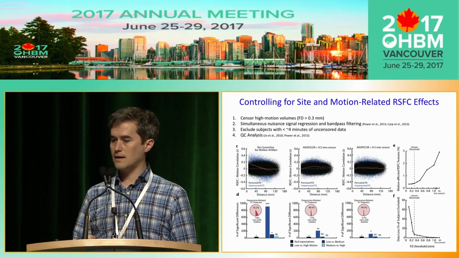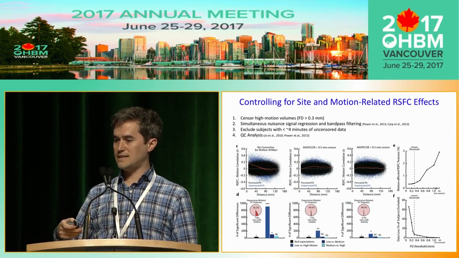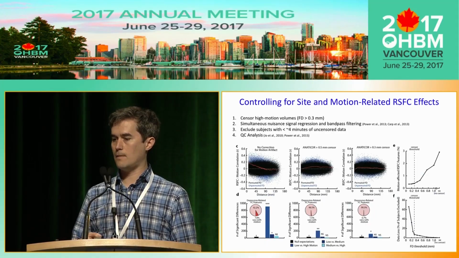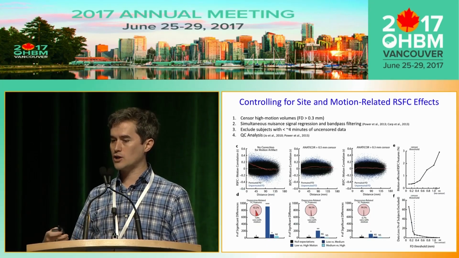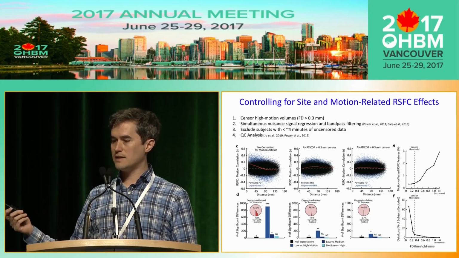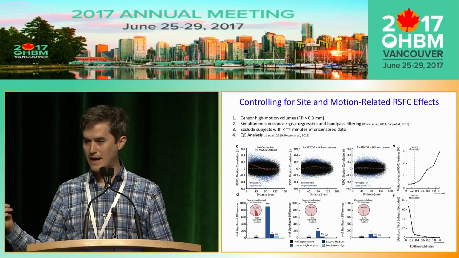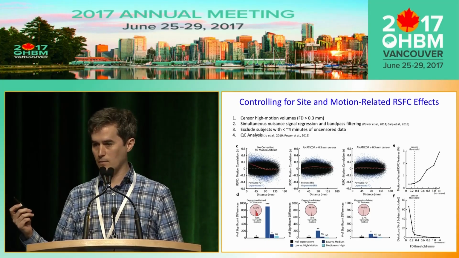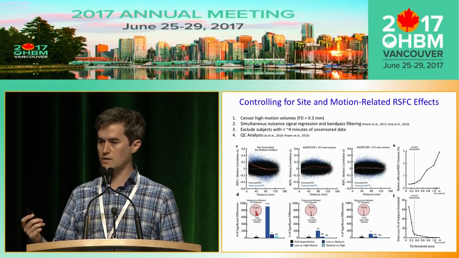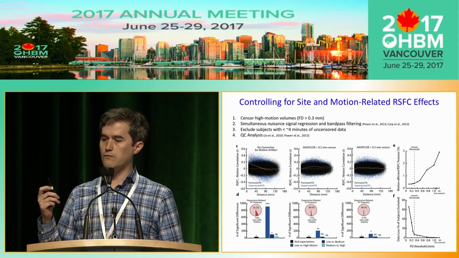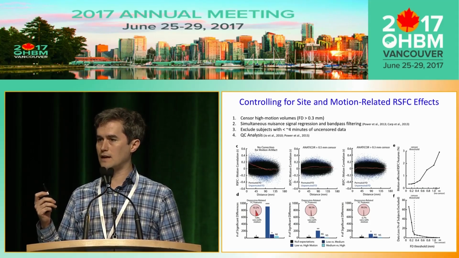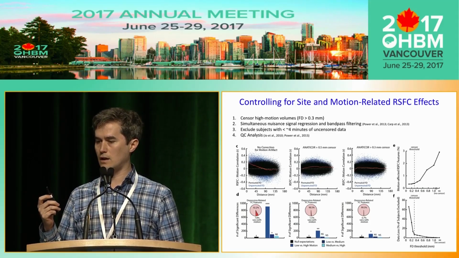We could also ask how well different methods for controlling for motion-related artifact actually accomplish that goal. These plots are really directly inspired by the work of Jonathan Power and other folks looking at how functional connectivity features differ in high motion versus low motion data.